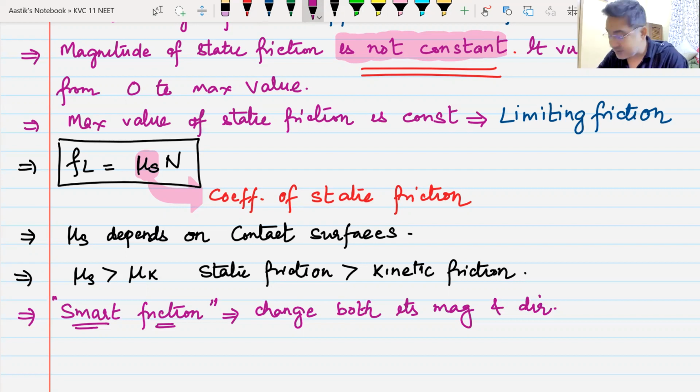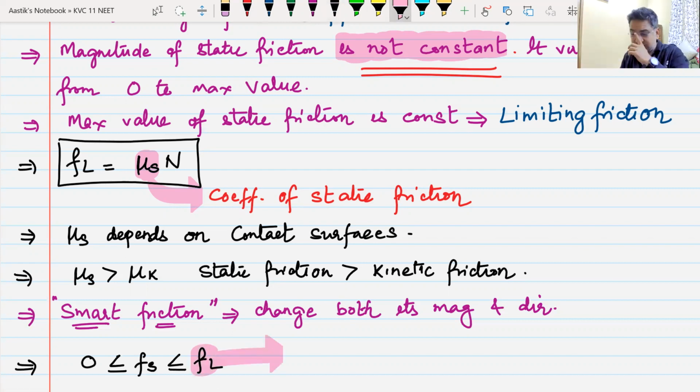What is the value of static friction? As I said, the value of static friction is not constant, but I can give you an equation from where you can understand: 0 is less than or equal to Fs, which is less than or equal to Fl. And remember, the value of this Fl is constant. How much is the value of this Fl?